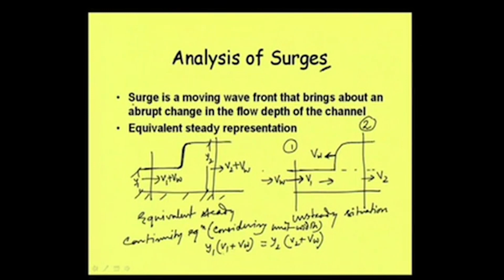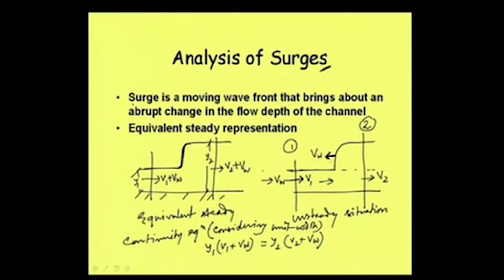And then what is this v1 plus vw? That is also interesting. The wave, with absolute speed vw, is moving, and the fluid is moving in the opposite direction with v1. Then what is its relative speed?